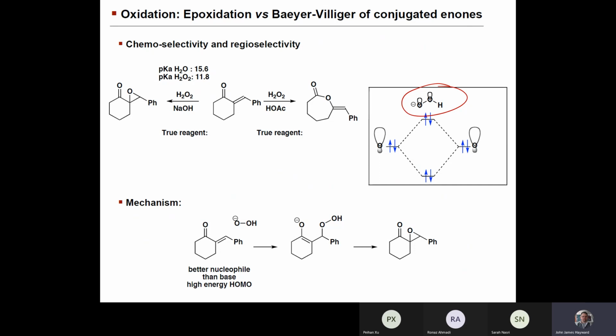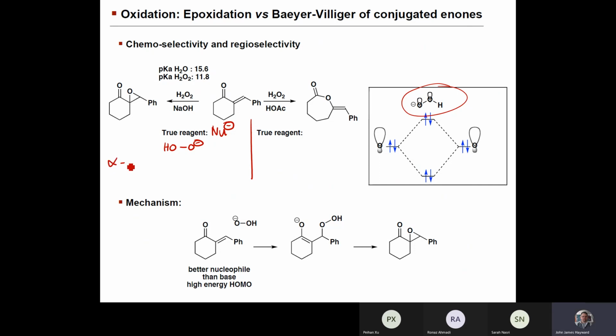Okay, so if we take hydrogen peroxide in base, then what we're actually getting is a truly nucleophilic reagent. Okay, it's nucleophile minus. And the true reagent is actually hydrogen peroxide anion.